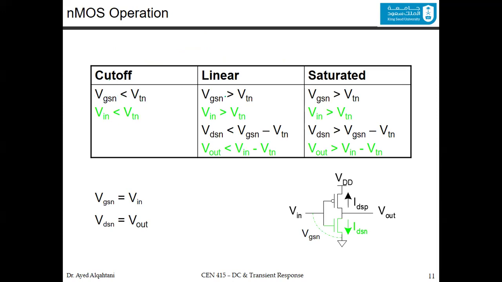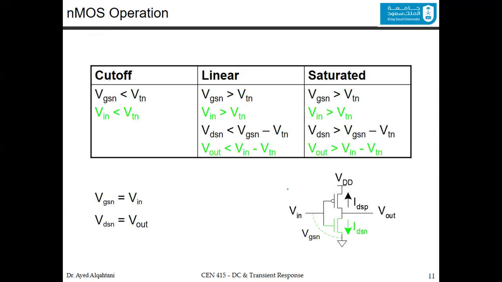If VGSN is larger than the V threshold of N, then you are either in the linear or in the saturated region based on the relation between VDSN and VGSN minus V threshold. If the VDSN is less than this amount, then you are in the linear. If it is larger than this amount, then you are in the saturation region. We discussed this before. You can go to the previous video for more details.